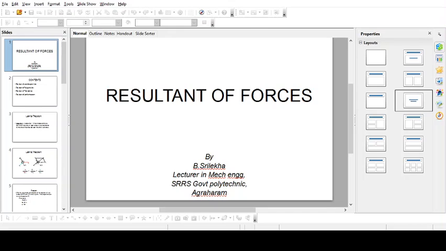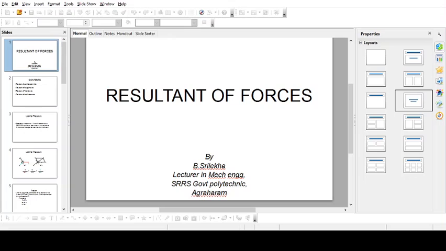For example, if F is a force acting at an angle theta with the horizontal, then our horizontal component will be F cos theta and the vertical component will be F sin theta.